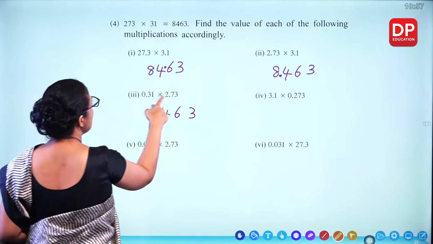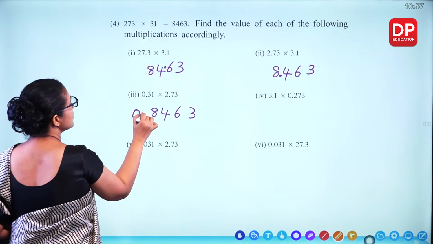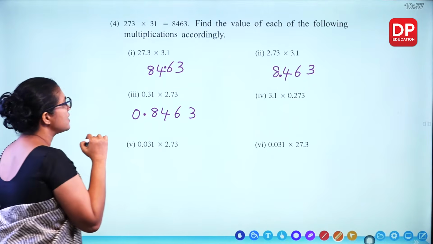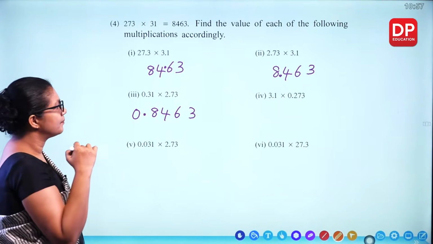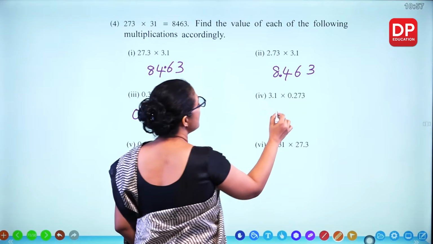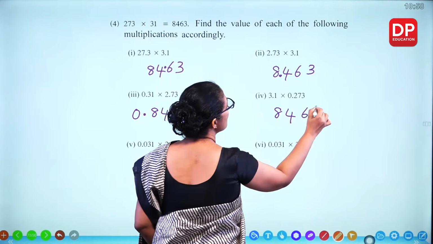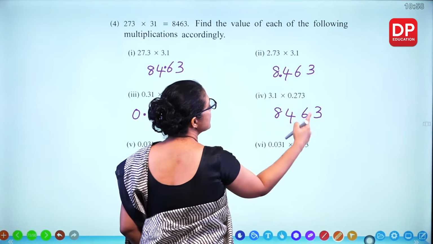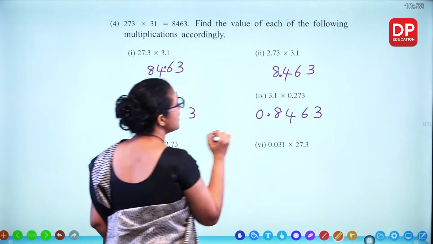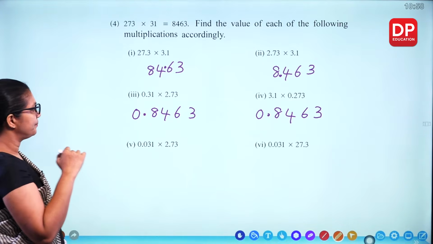8463. You have to keep 4 places. So the answer is 0.8463. This one, 8463 you have to write, and 4 places, 0.8463.